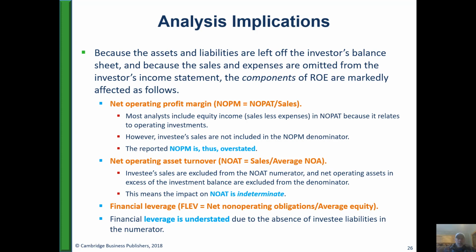It's a little bit technical in nature, but very likely to show up on the exam, especially in multiple choice format, because it's going to test your understanding of how some of the key profit margin, asset turnover, and financial leverage ratios are affected when we consolidate some of these subsidiaries under the equity method of accounting and later under the consolidated method of accounting. So it's your job to determine if these distortions are material and then to make any necessary adjustments.